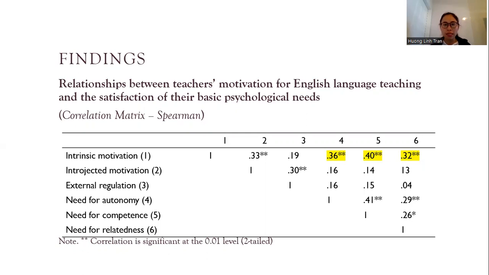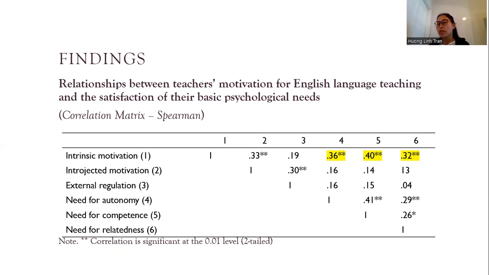And the study found that teachers' intrinsic motivation was positively and significantly correlated with the satisfaction of teacher needs for autonomy, for competence, and for the satisfaction of teacher need for relatedness. Even though only low correlations were identified, they are still significant.